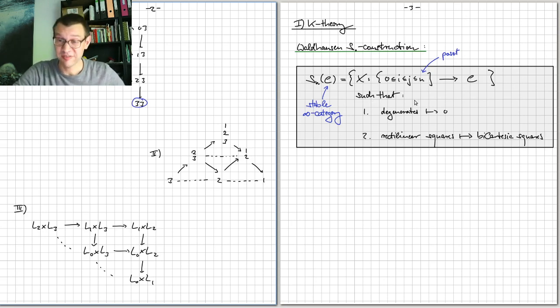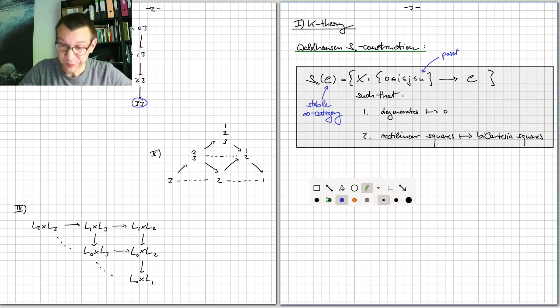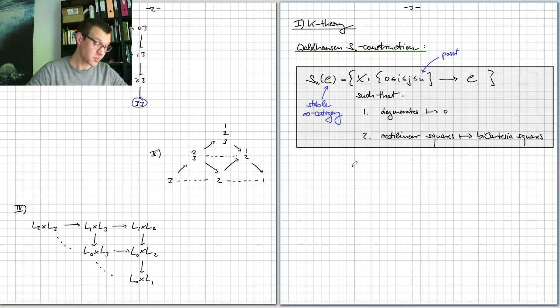And so the interesting fact, which of course everybody is familiar with here, is that this forms a simplicial object. And so what's the point of the simplicial object? Well, this simplicial object gives me a way to construct the algebraic K-theory space.